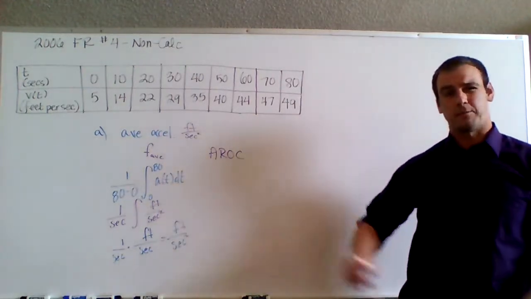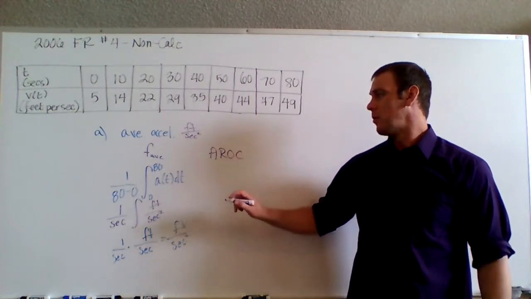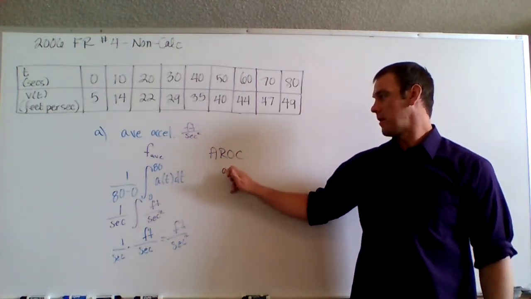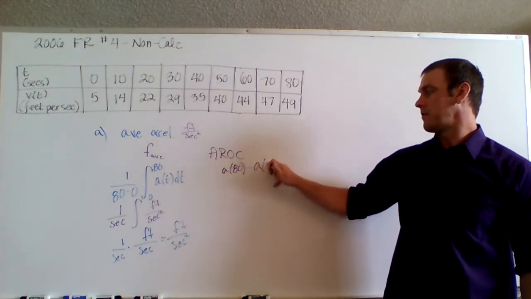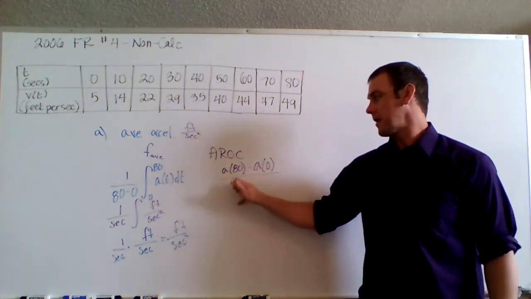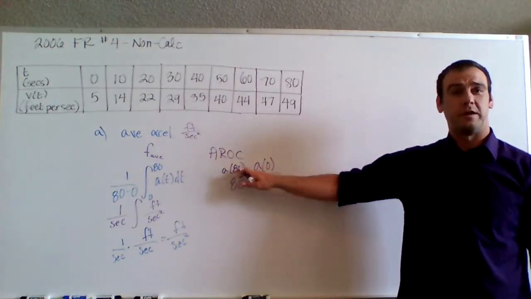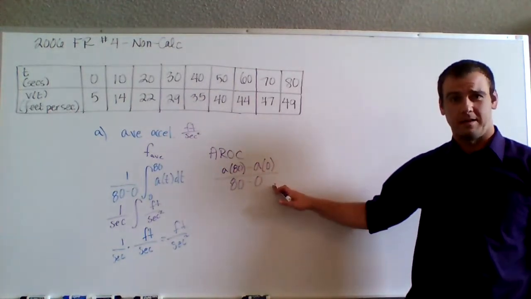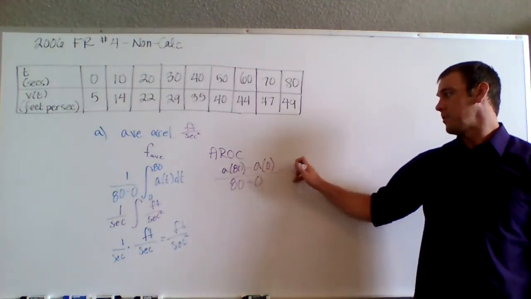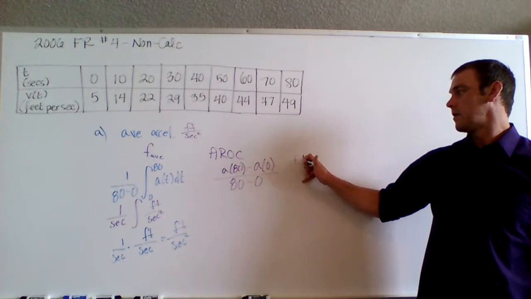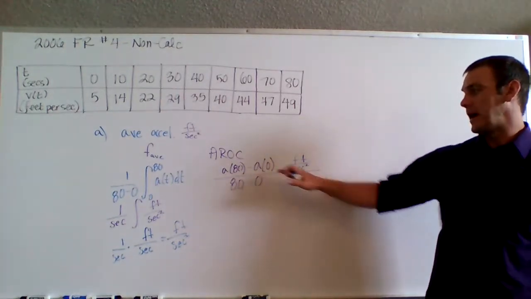I also want to talk about AROC though. AROC would be like if you took A of 80 minus A of 0 over 80 minus 0. Isn't that just like F of B minus F of A all over B minus A? So in this problem, up top you've got feet per second squared divided by time.